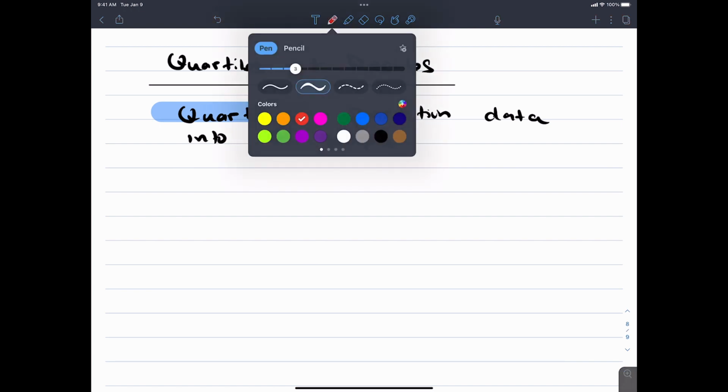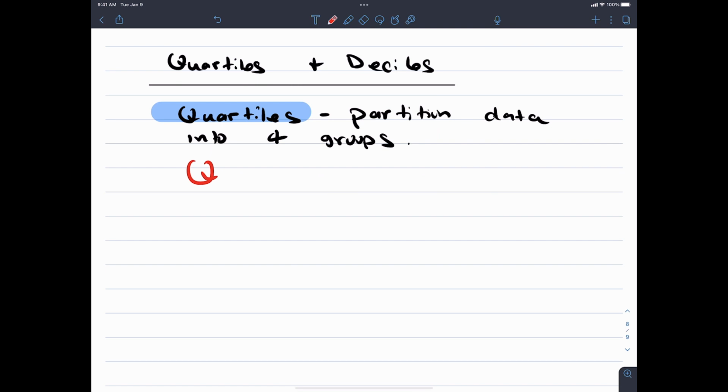When you think of quartiles, think of the word what? Quarters. Good. So this is simple for me because I say, percentiles is when you partition your data into what? 100 groups. You guys see what I'm saying? P1, P2, P3, all the way to P99. That really partitions your data into 100 groups.